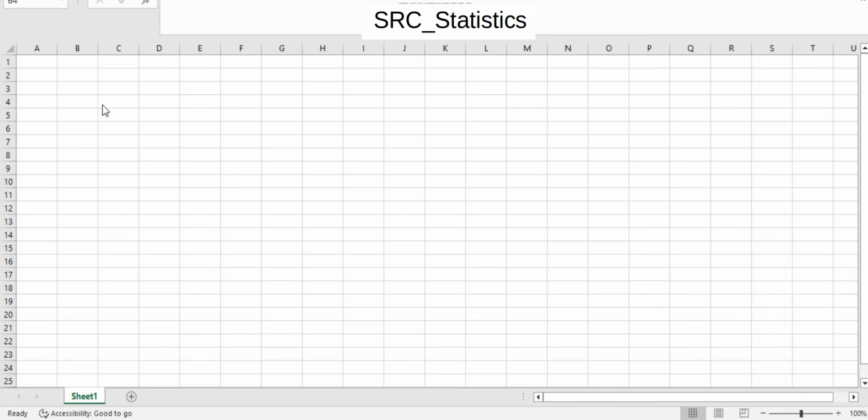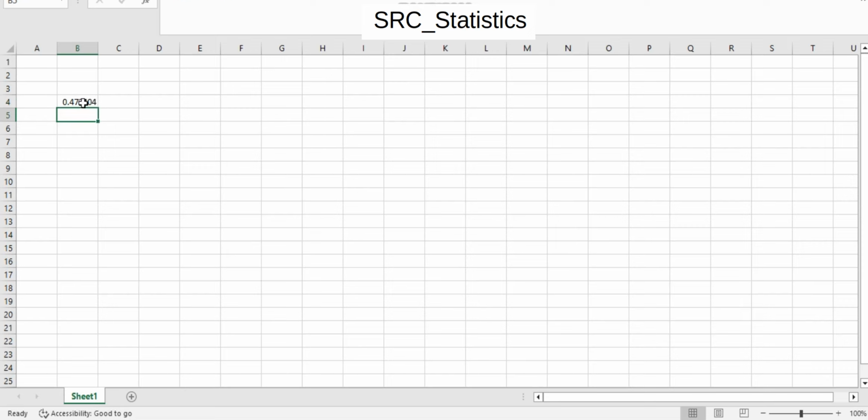How to calculate the p-value using Excel? I can show you using this Excel function: put an equal sign in any of the cells, then T.DIST.2T, put a bracket, write down the calculated value of the test statistic, comma, the degrees of freedom.